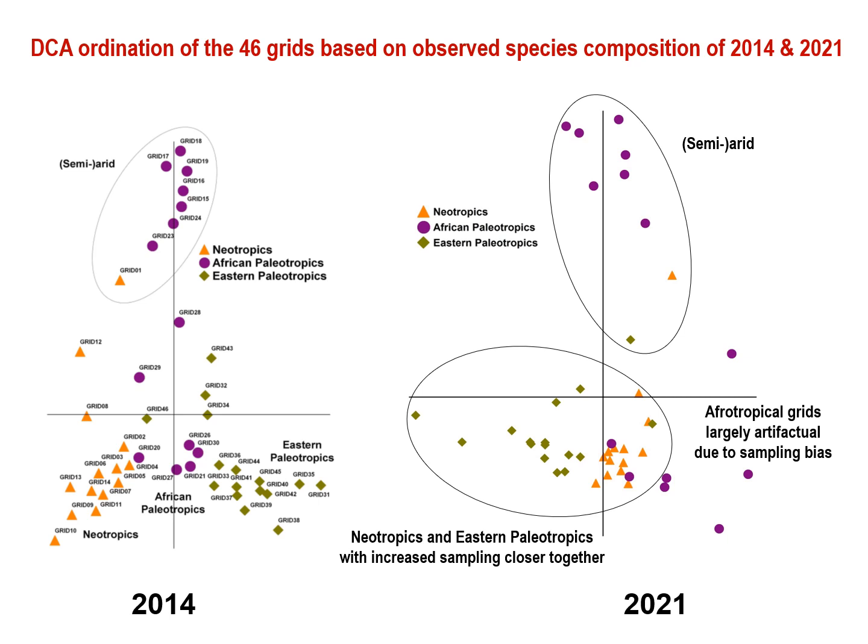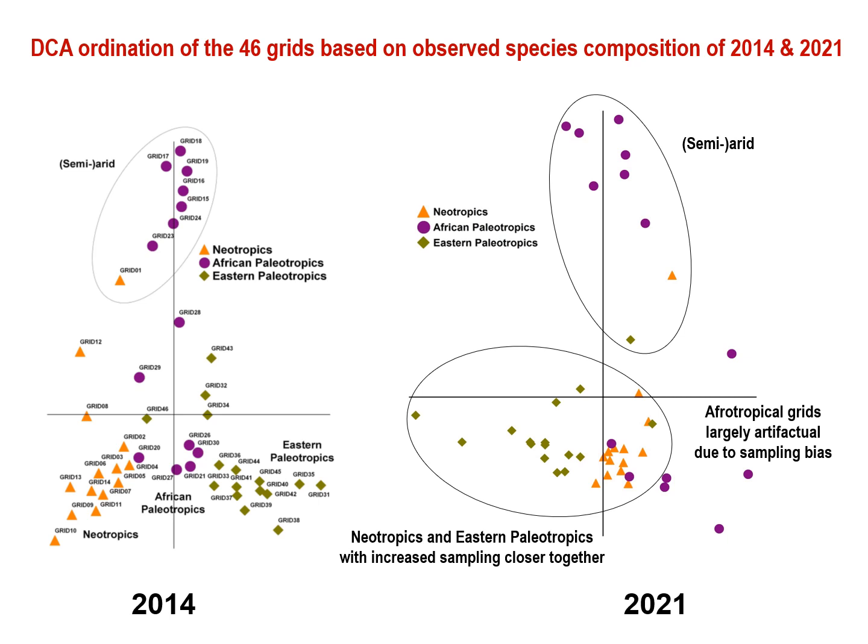The African semi-arid grids have even more truly different species composition from the others. With the added new data, the rest of the African Paleotropic grids now appear to overlap more with the Neotropics than with the Eastern Paleotropics, rather than appearing intermediate between the two as before. This is 2014, this is 2021.